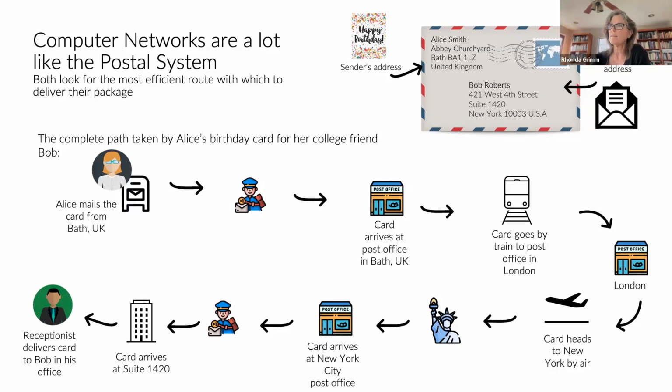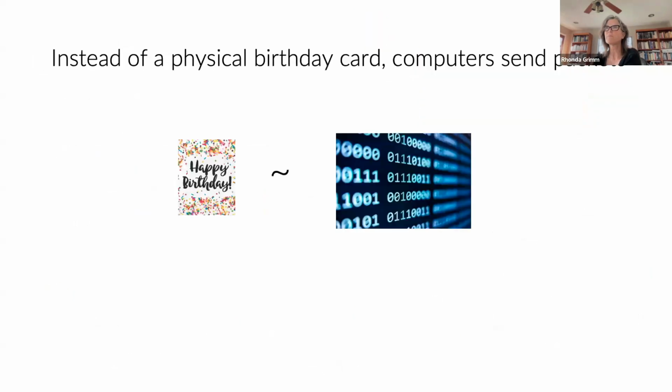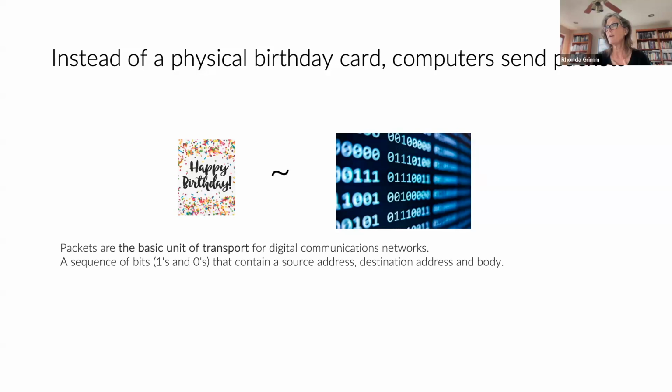The post person in the UK has no idea how to get it to Bob's office building, but it's okay. They don't need to, they just need to know how to get it to the next hop. So think of, instead of a physical birthday card, computers send packets. Packets are the basic transports of digital communications.